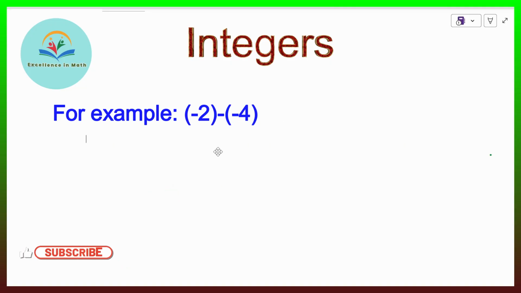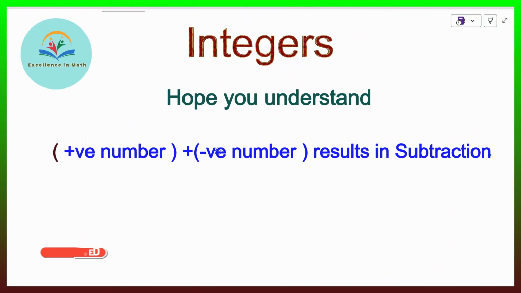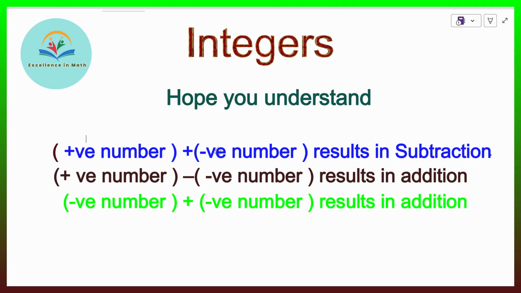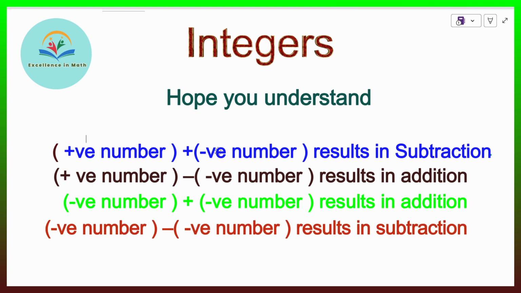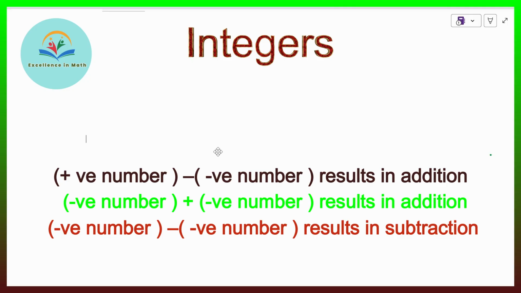Clear? With this explanation, hope you understand the sum of a positive number and a negative number results in subtraction. Also, the difference of a positive number and a negative number results in addition. Similarly, the sum of two negative numbers results in addition. Last but not the least, the difference of two negative numbers results in subtraction.